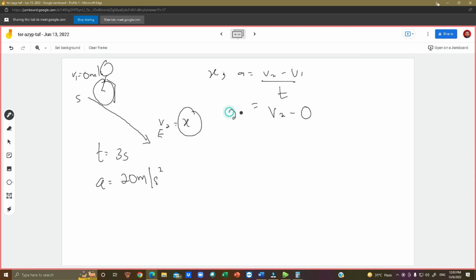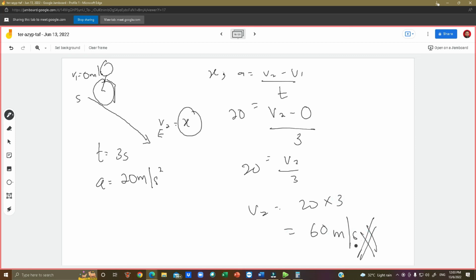Acceleration value is 20 and the time taken is 3. Dapat tak tu? 20 sama dengan V2 over 3. So, V2 sama dengan 20 kali 3. 60 meter per second. That is the velocity value of this wheelchair-bound person at the end of the ramp. Ni acceleration dia.